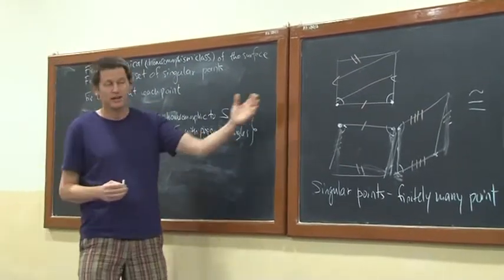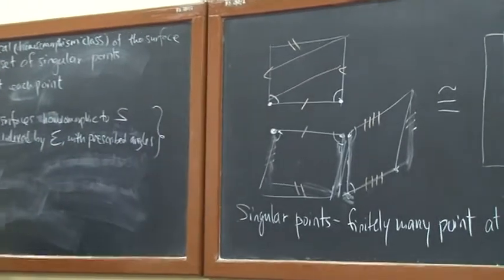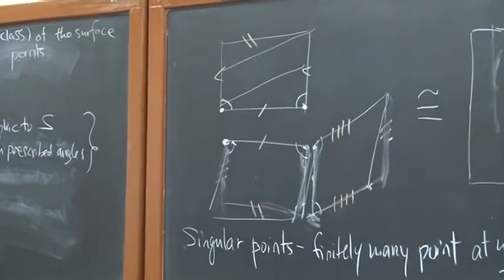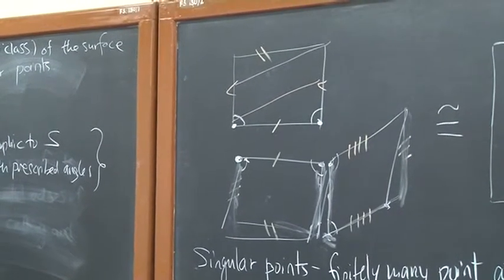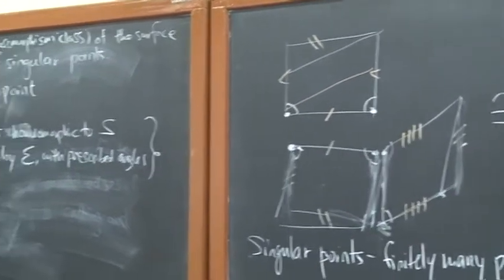So that's a vector in the plane. So for any, M will be my generic letter for a translation surface.